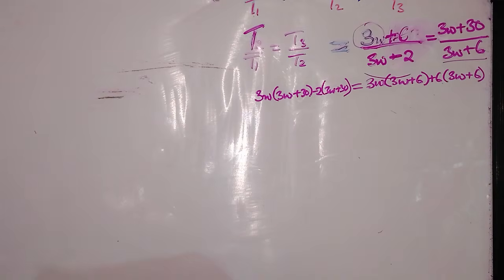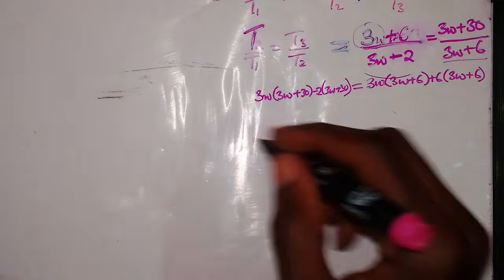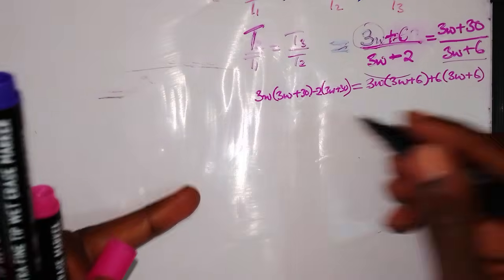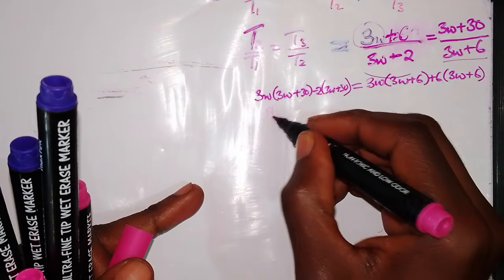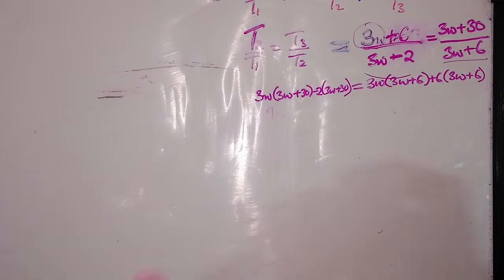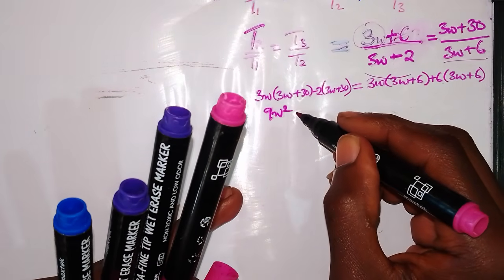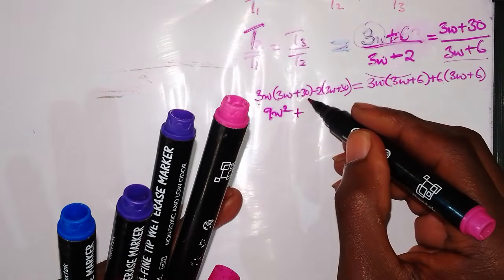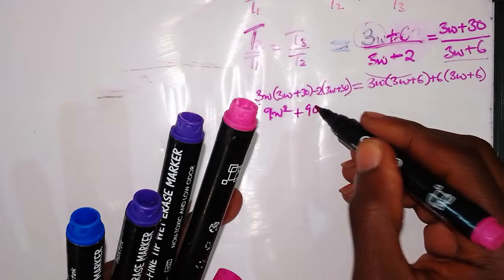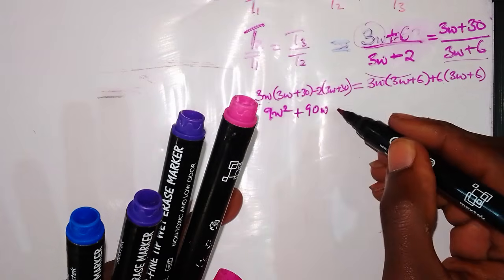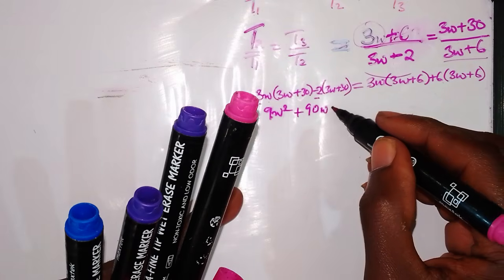So now the step is simple: expanding. You just multiply everything with whatever is inside the bracket. So 3W times 3W gives 9W squared. Then plus 3W times 30: 3 times 30 is 90, then W times 30 we have W. Then you come to negative 2 times 3, we have negative 6W.